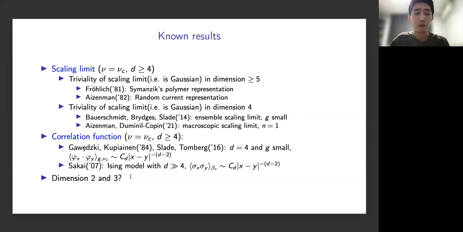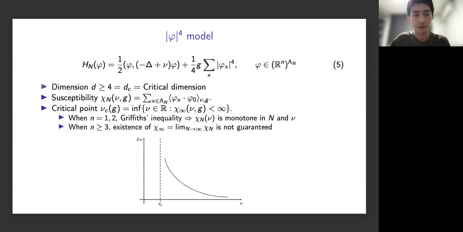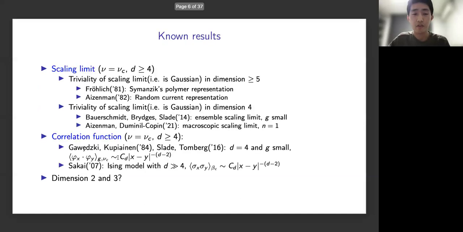And some of you might be wondering what happens in dimension 2 and 3. I've mentioned in the earlier slide that dimension 4 is the critical dimension, and something very, very different happens in dimensions below that. So it is expected that the scaling limit in dimension 2 and 3 should be explained using the conformal field theory, and the stories are very different.